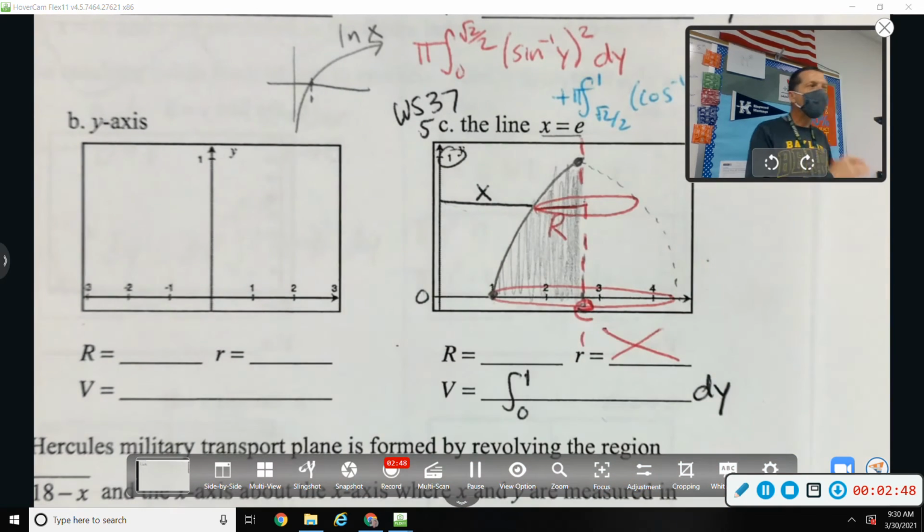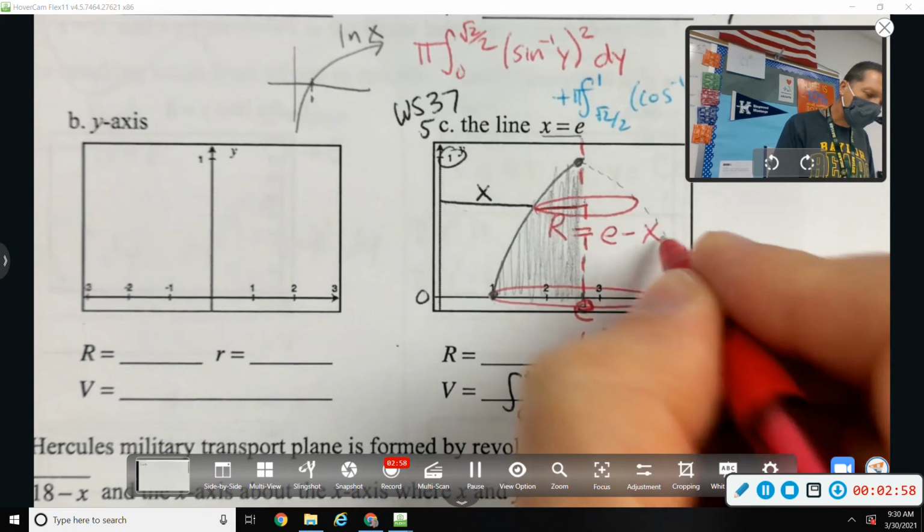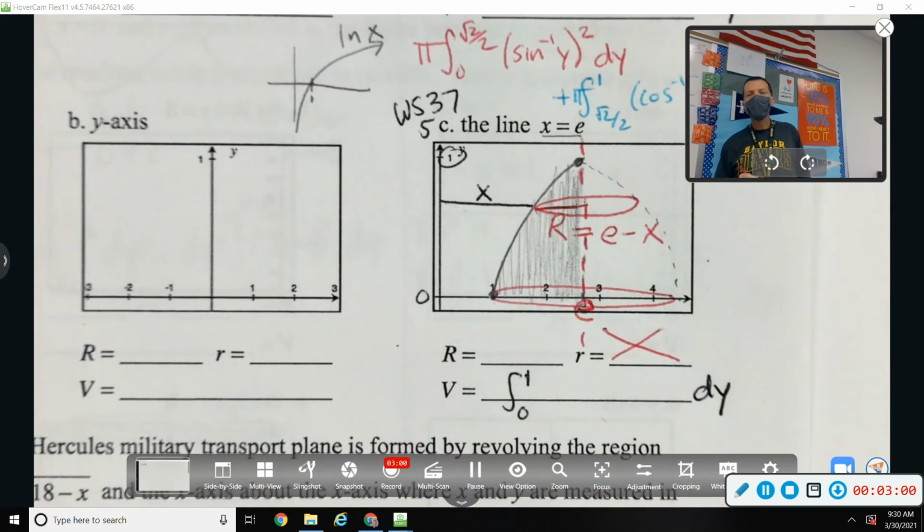So if we're off of the x or y axis, it's going to take a subtraction to figure out what R is. So R is going to be e minus x. If it's minus, yes.